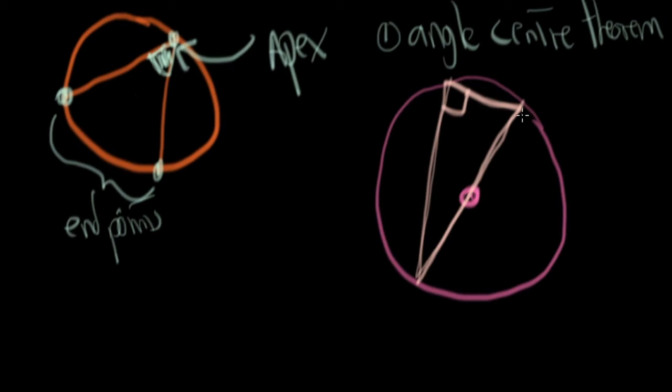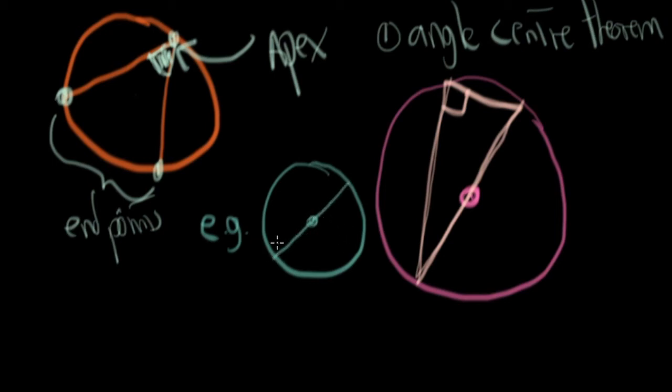So how could you get a question like this? What would an example look like? An example might look like this. So here's a circle. Here's a little point. And let's just say you had a triangle going like this. Very similar.